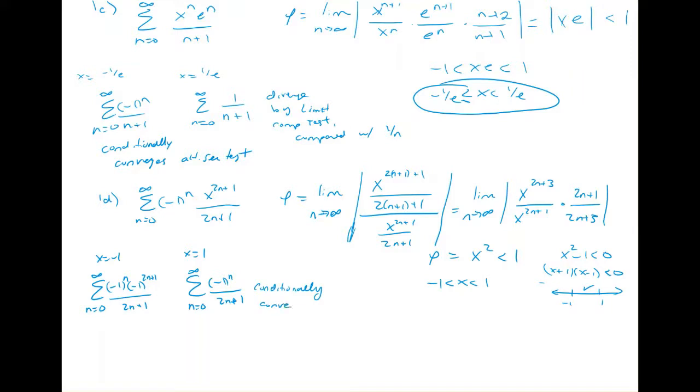And now I need to think about the other endpoint. We know this one works. What about this? Well, this numerator's a mess: negative 1 to the 3n plus 1. I'm just focused on the numerator here.